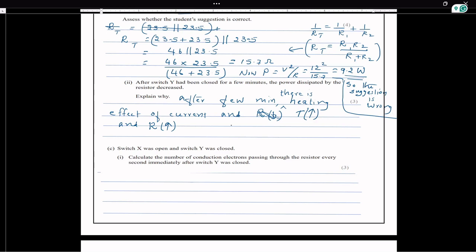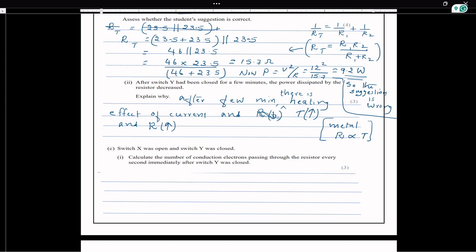So for a metal, resistance is directly proportional to temperature. The heating effect of current means temperature increases, therefore resistance increases.